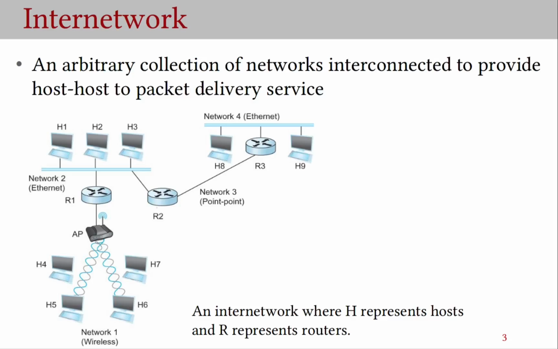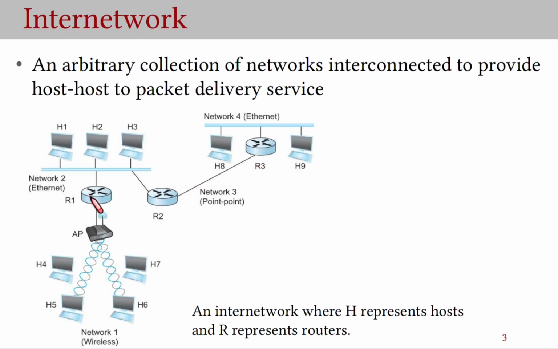Here is a diagram of an internetwork. You can see there are 4 networks. There is one wireless network here. There is another network, Ethernet, here, network 2. And there is another Ethernet here, network 4. And then there is a point-to-point link connecting these 2 routers. That's another network.